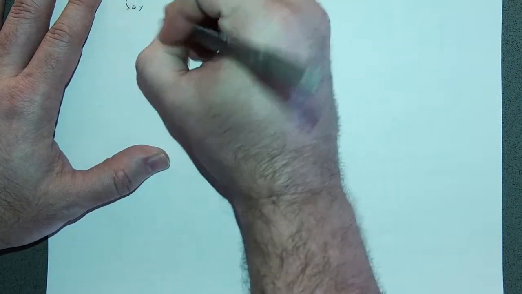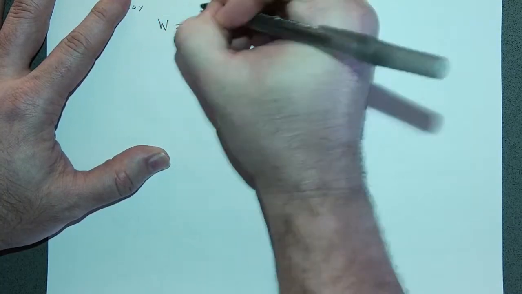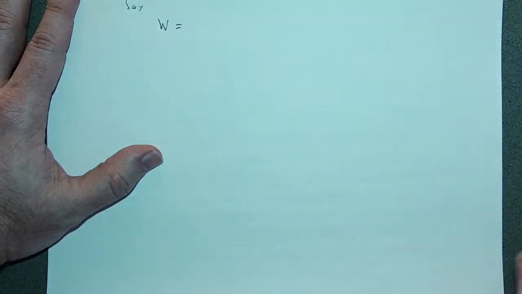So I'm going to move on to the next page, give myself some room here. So say W is the walk that looks like this.